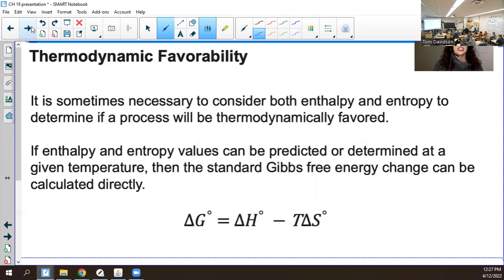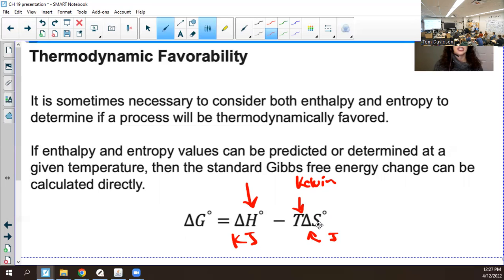All right, so this is what we have here. Delta G is equal to the enthalpy, which will either be given to you in the problem, or you have to take the sum of products and the sum of reactants for delta H. And those are going to be in kilojoules. Then you have the temperature in Kelvin, and that is multiplied by delta S, which is in joules.